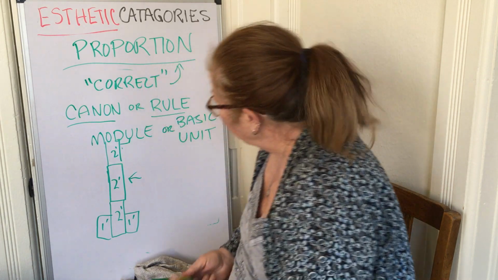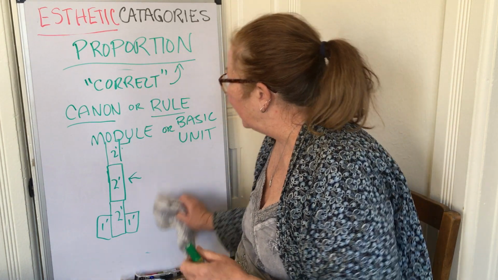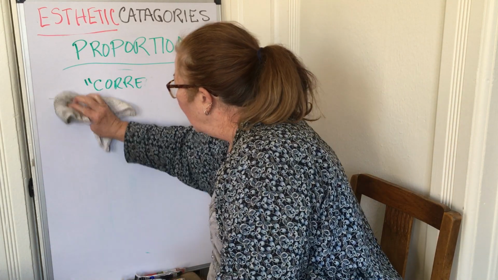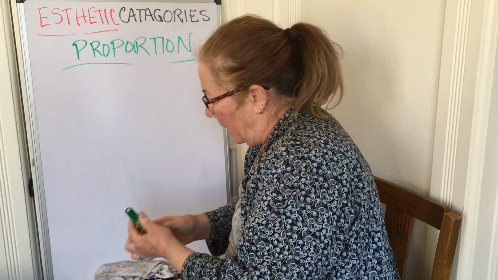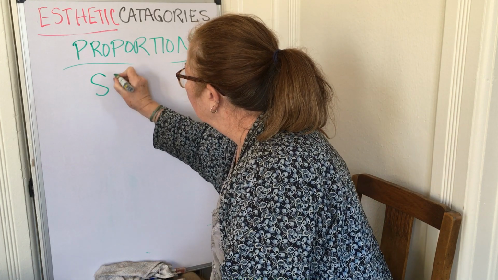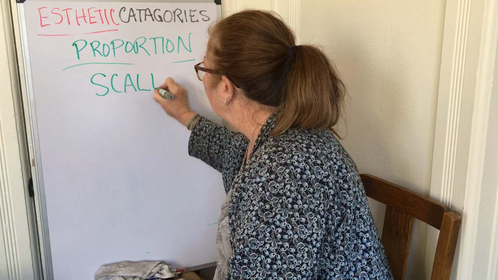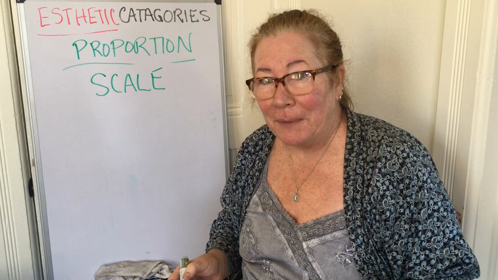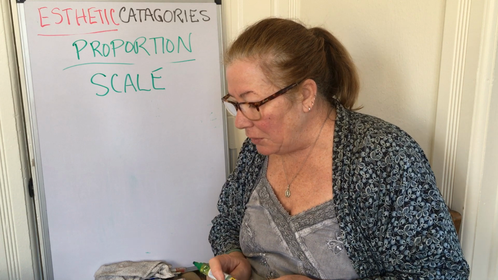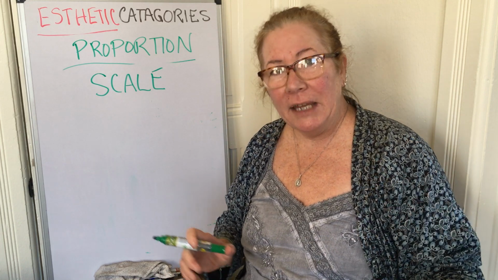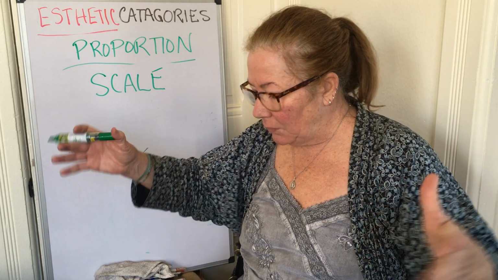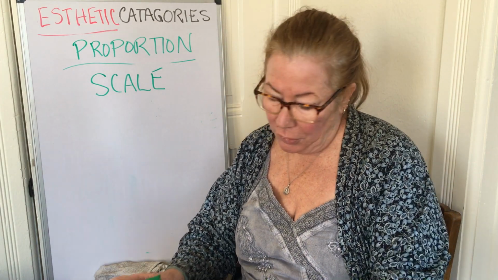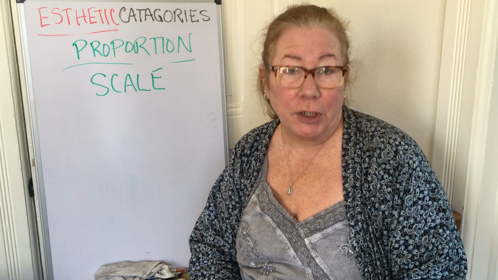And next I want to talk about scale, because scale is related to proportion as well. So let's talk about scale. Scale refers to dimensional relationships too, okay? And usually it's an artwork's relationship to its surroundings or environment, and in terms of appropriateness or function, right?